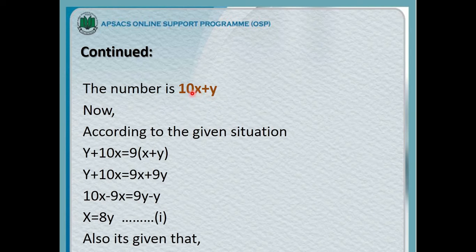Now according to the given condition, the number is 9 times the sum of its digits. Therefore y plus 10x, the number, is 9 times the sum of its digits, that is 9 into (x plus y). If we solve this equation, we get x equals 8y, that is equation number 1.